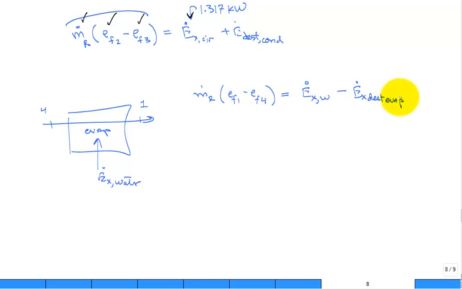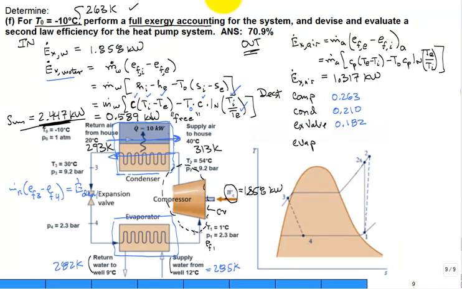All right, so we know the flow rates and the flow exergies. We calculated what came out of the water. That was 0.589 kW. And the only unknown is this exergy destruction in the evaporator. So we do an exergy balance and you calculate that.